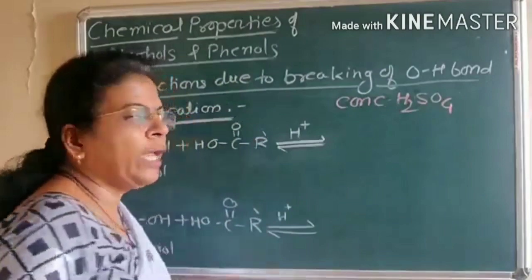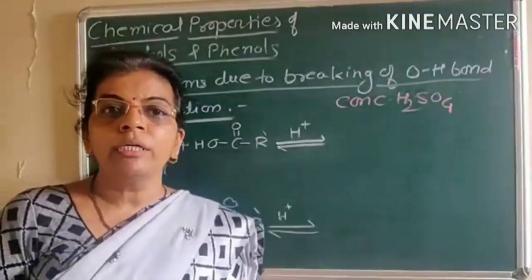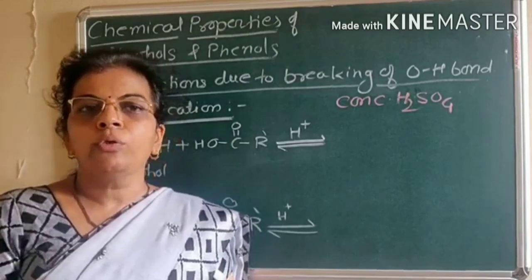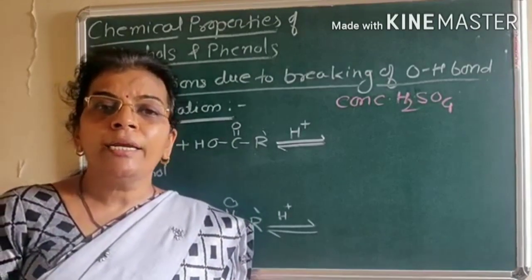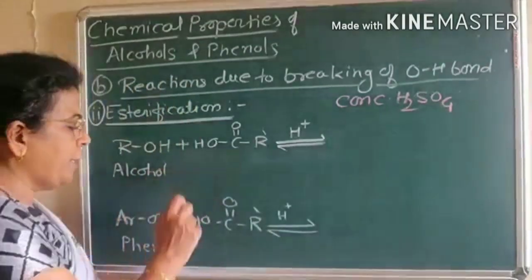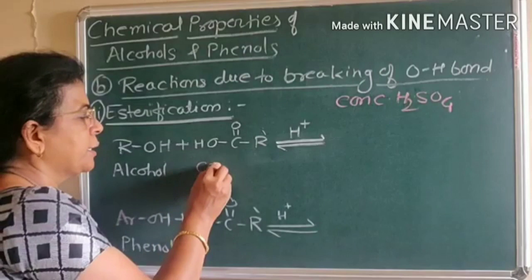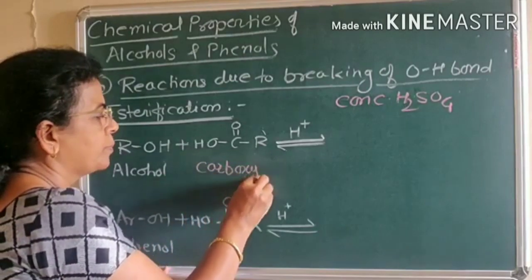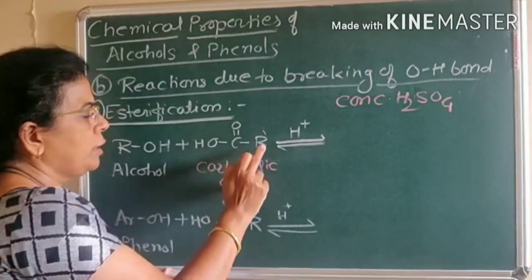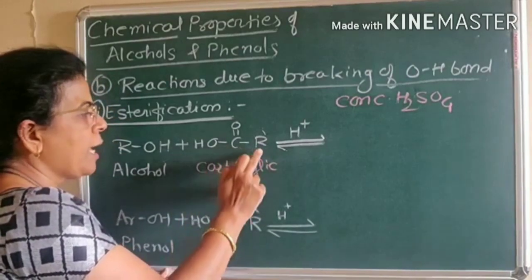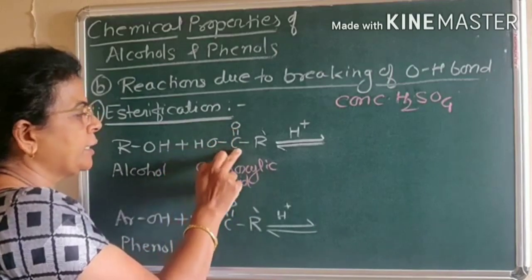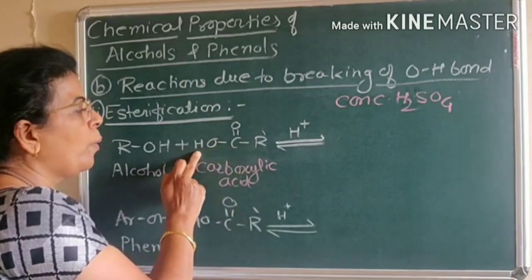This H2SO4 acts as a catalyst and also acts as a dehydrating agent. Now this carboxylic acid is written like this: R C double bond O OH. The functional group of carboxylic acid is C double bond O OH.